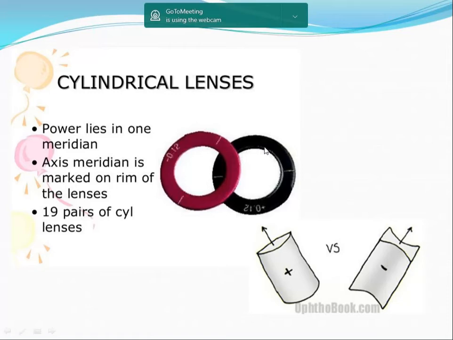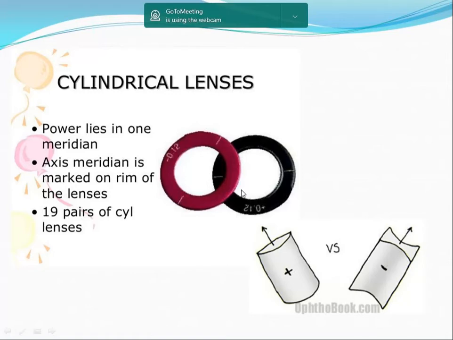That means in 90 degrees and in 180 degrees. If it is a spherical lens, there is movement in both the axes. But if it is a cylindrical lens, then there will be movement only in one axis. In which axis? In the axis that is opposite to that of the cylinder.